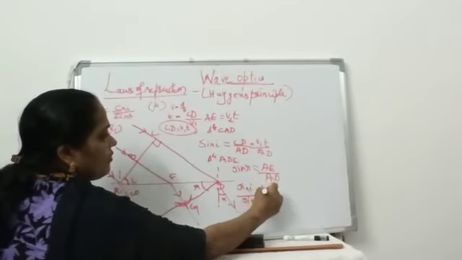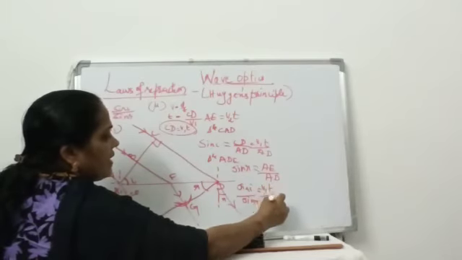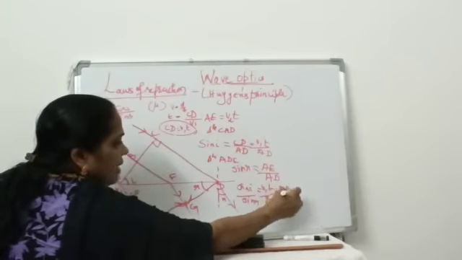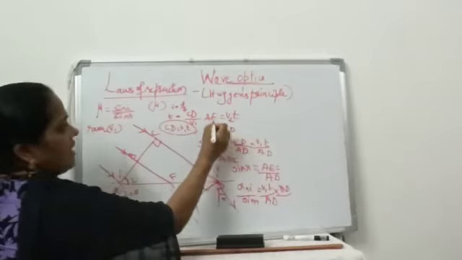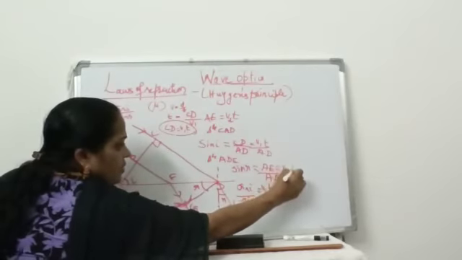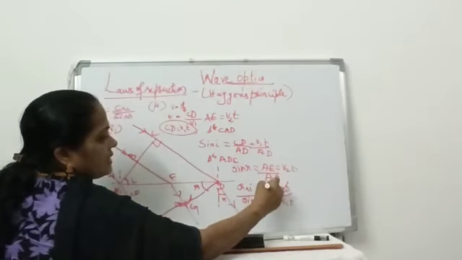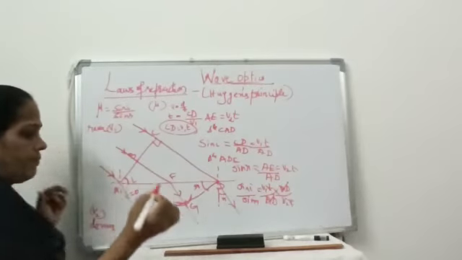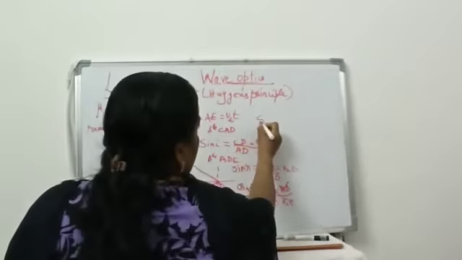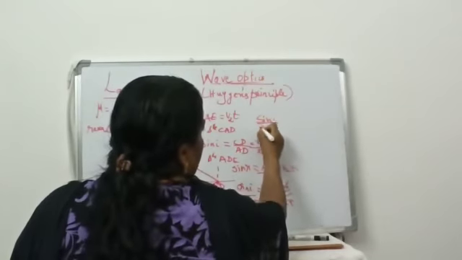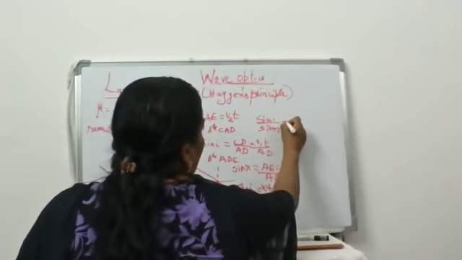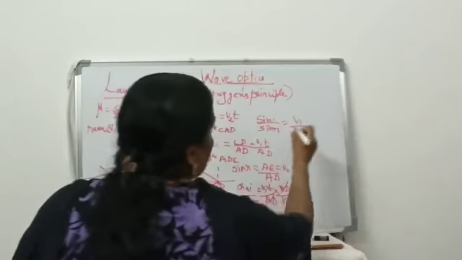That's equal to V1 t by AD into AD by AE. AE is V2 into t. So sin i by sin r is equal to V1 by V2.